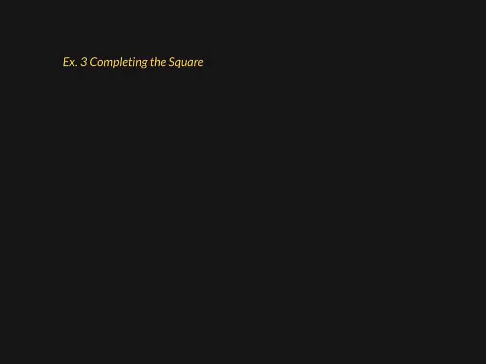All right, let's actually work through an example. We did this one on the board, but I'm going to go over it again with you. It's example 3 in your textbook. We've got 2x squared plus 16x minus 9 equals 0. So step 1, divide each side by the coefficient a. So divide everything by 2.